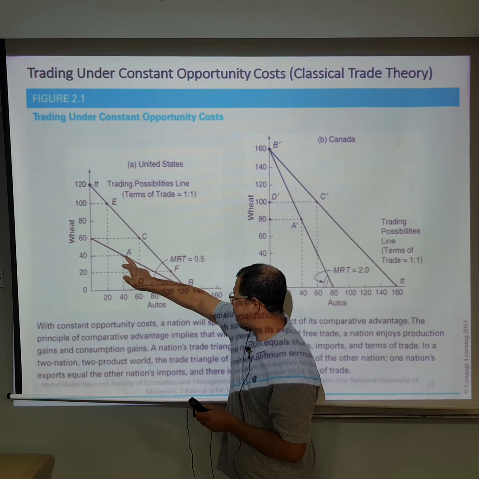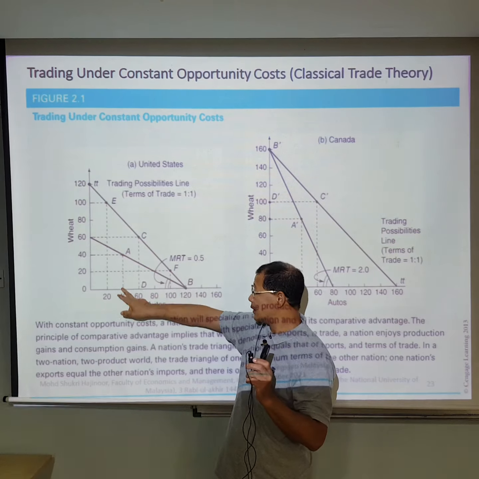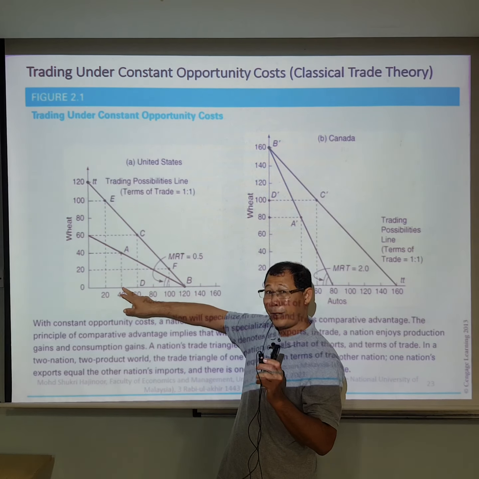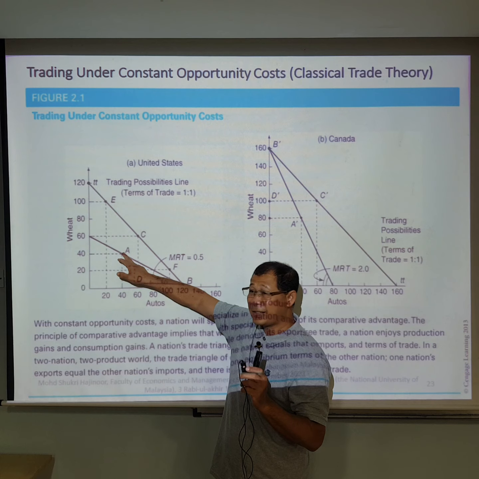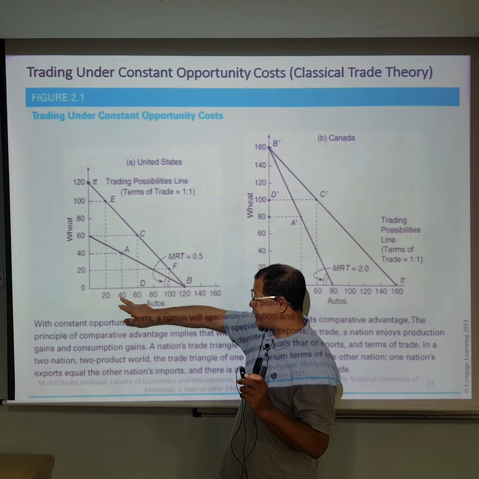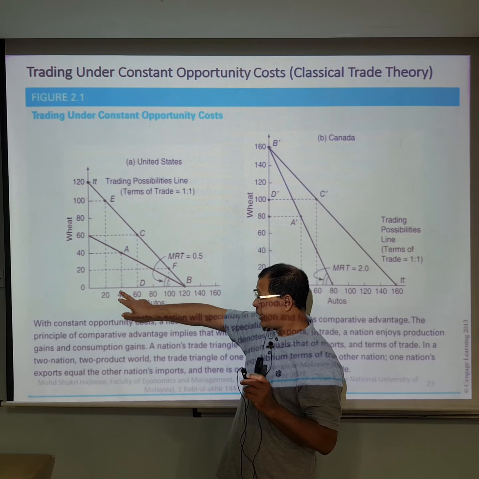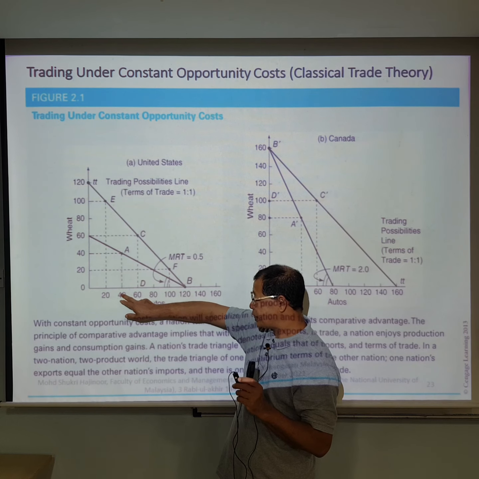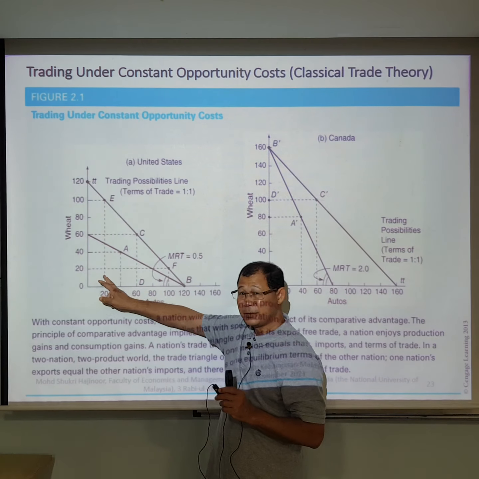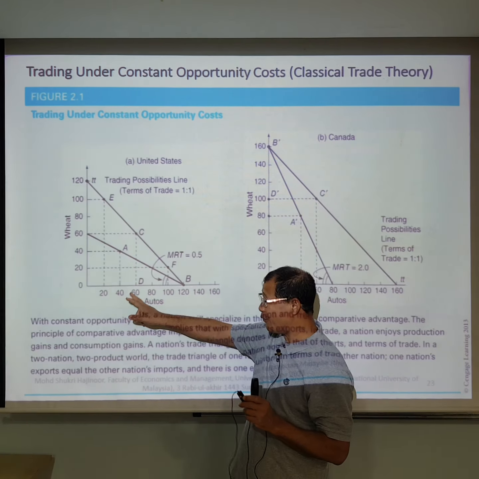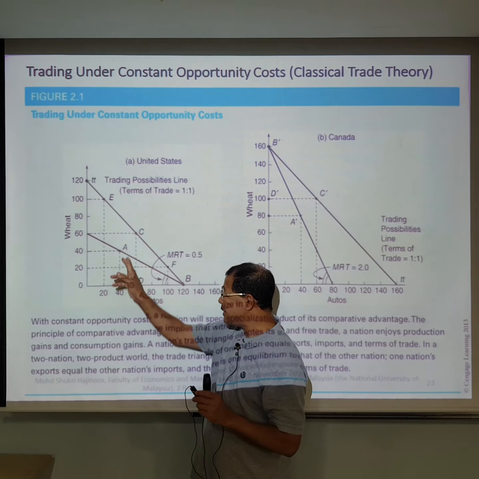So that's the autarky point here. No trade. In autarky, whatever combination a country produces is what that country can consume. So United States, at this point A, autarky, produces 40 auto and 40 wheat. As a result, United States can only consume 40 autos and 40 wheat, limited to that.